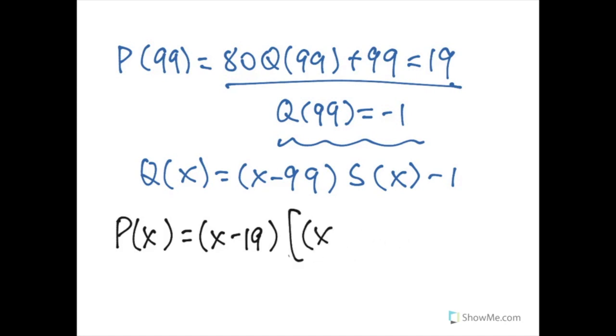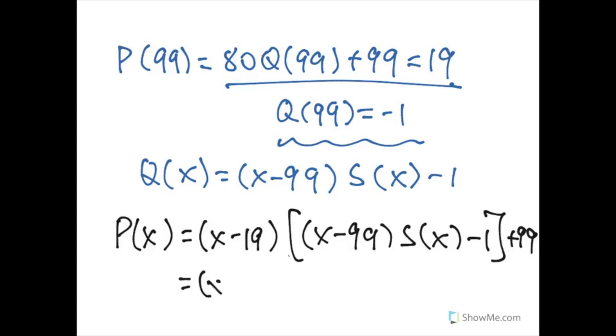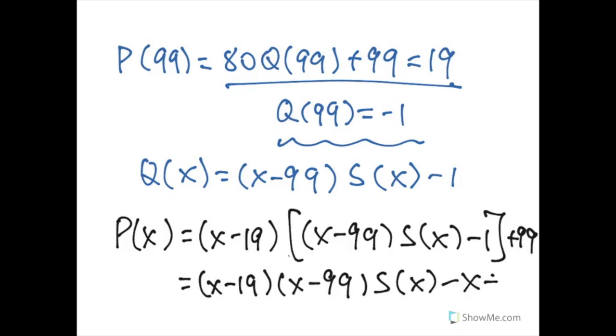So we can put in x minus 99 times s of x minus 1 plus 99. And this works out to be x minus 19 times x minus 99 times s of x minus x plus 118.